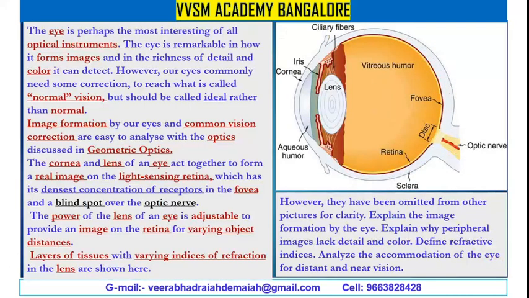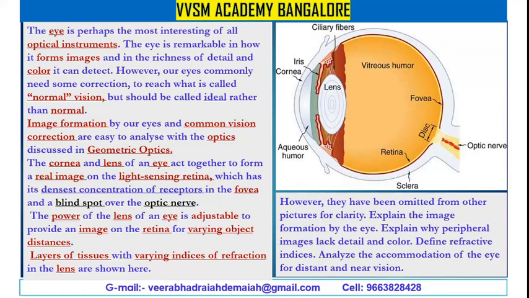Well, friends, the eye is perhaps the most interesting of all optical instruments. The eye is remarkable in how it forms images and in the richness of detail and color it can detect. However, our eyes commonly need some correction to reach what is called normal vision. But should it be called ideal rather than normal?